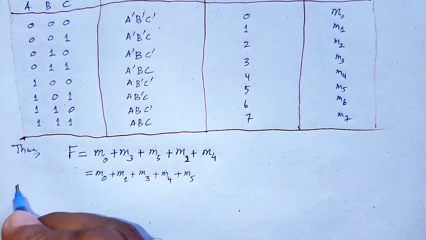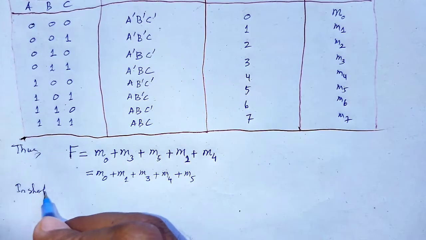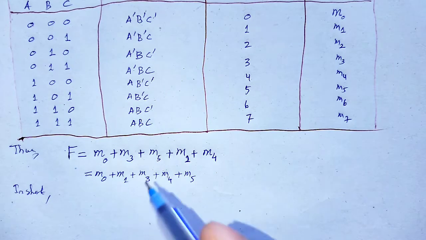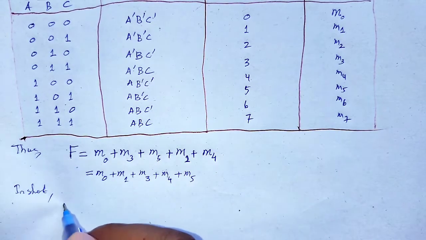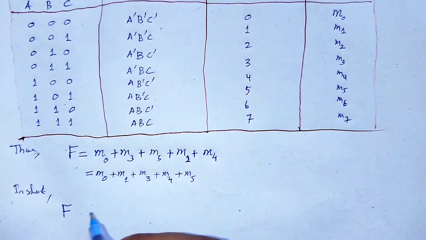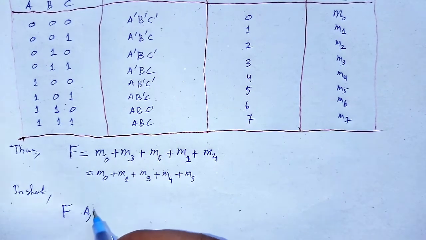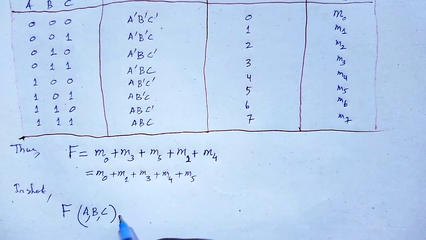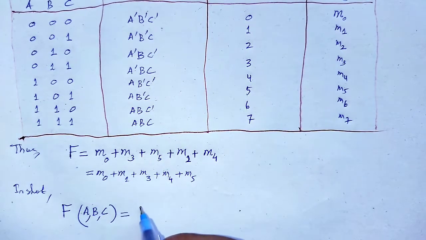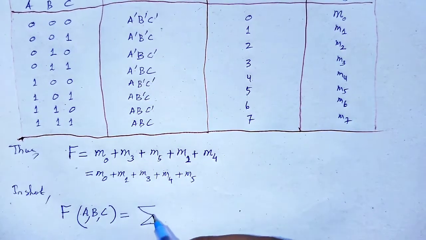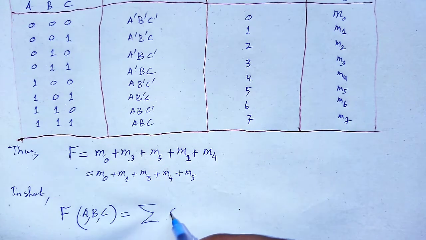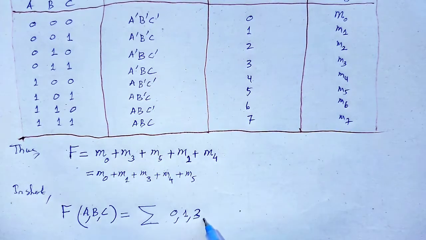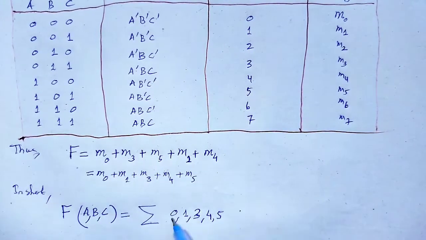In short, we note f as the variables a, b, c is equal to summation of 0, 1, 3, 4, 5.